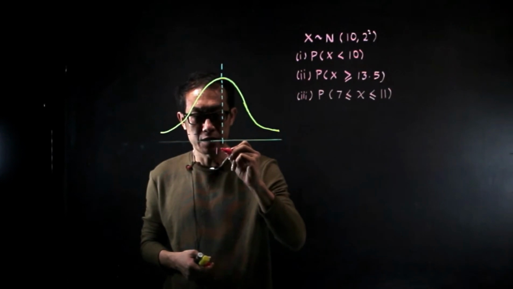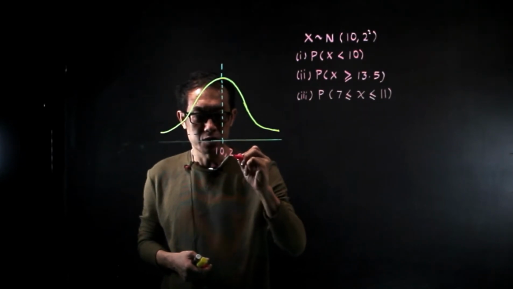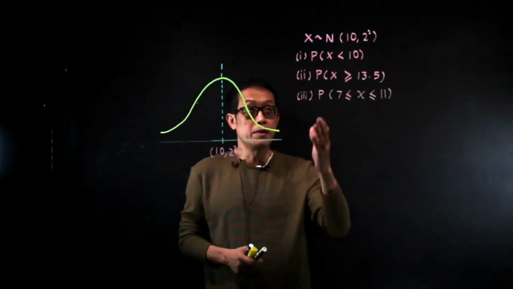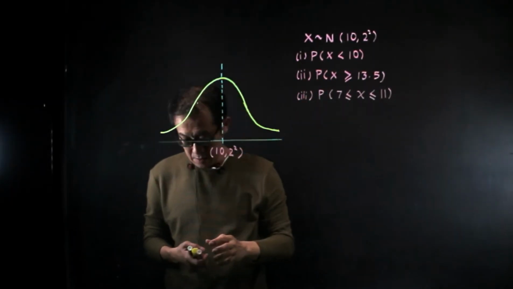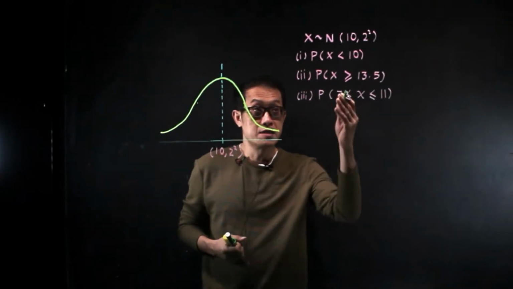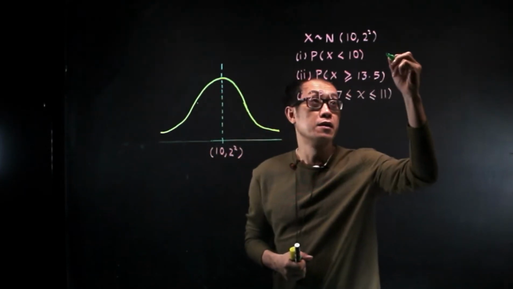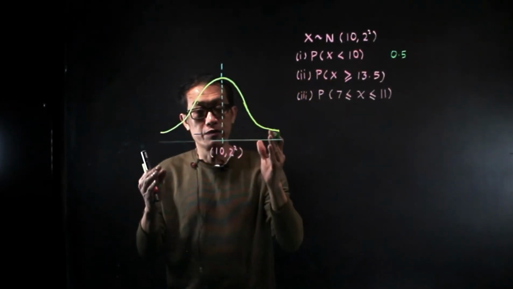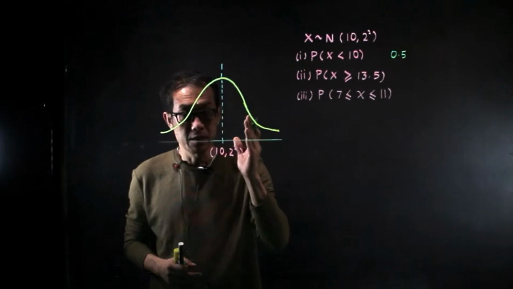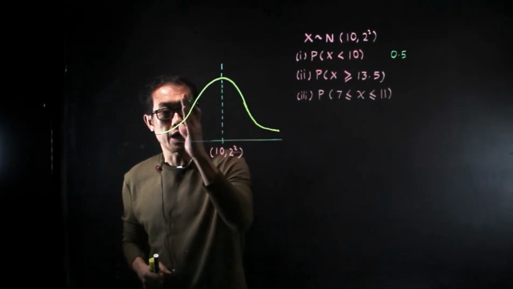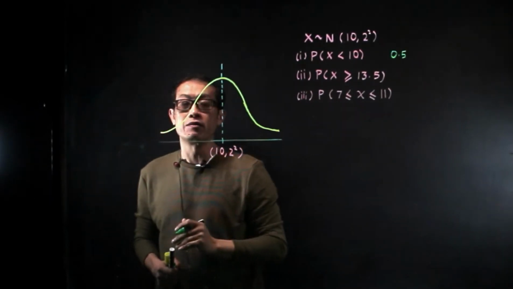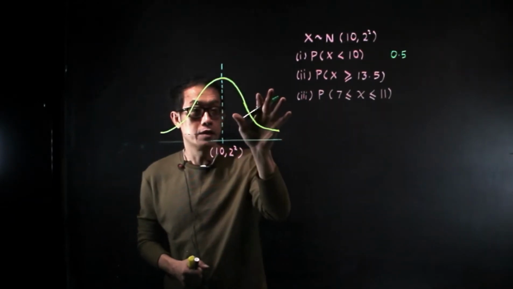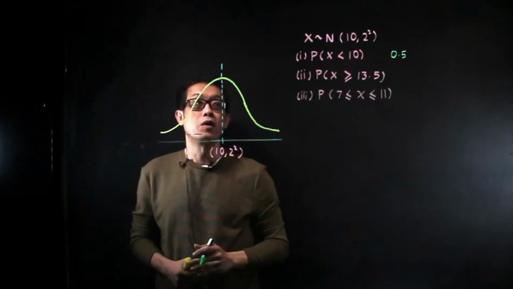The mean is 10 and the variance is 2 squared. What is the probability that x is less than 10? The answer is simply 0.5, because the graph is symmetrical about its mean, so anything less than 10 will be on this side of the graph. The total probability is 1, so half of it is 0.5.